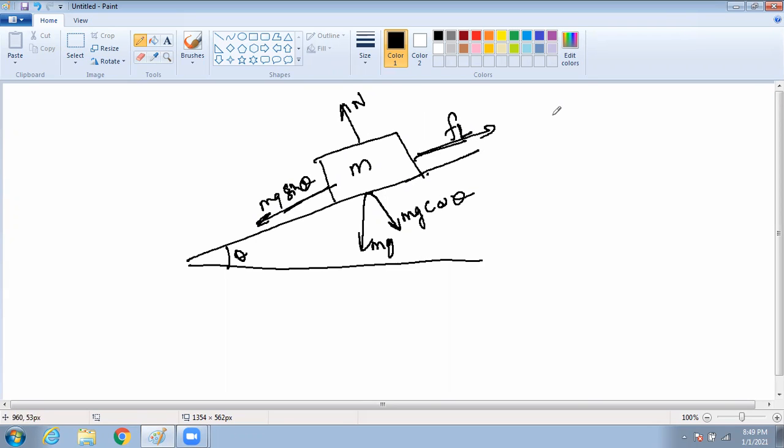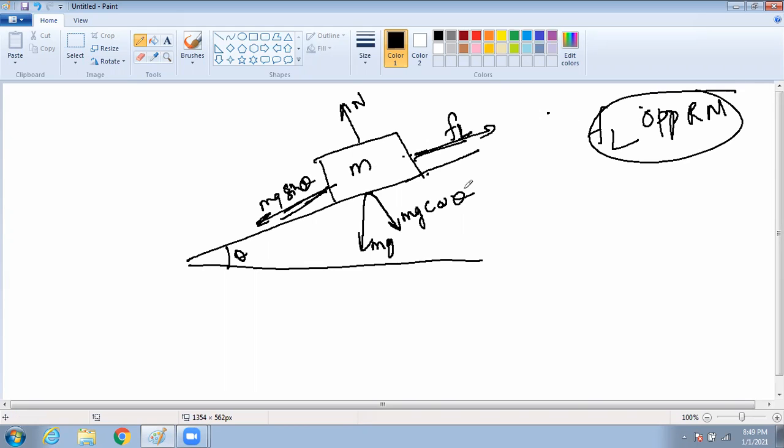Always remember, friction always acts opposite to the relative motion. If the relative motion is this side, friction will act this side. If the relative motion is this side, friction will act this side. So friction always acts opposite to the relative motion of the body. Clear? So I told you this angle is theta. I already explained why this is theta in the previous example.